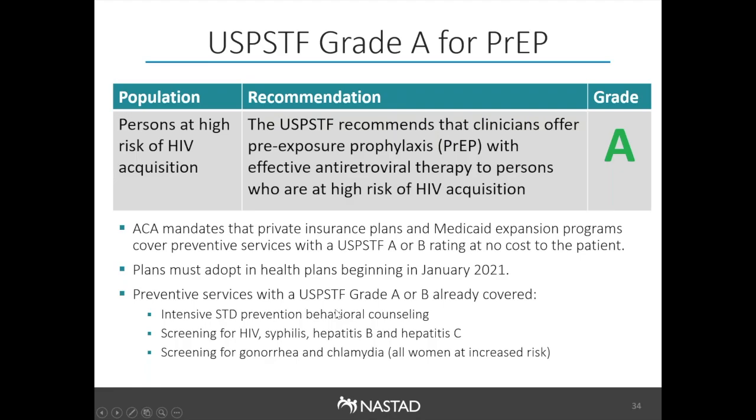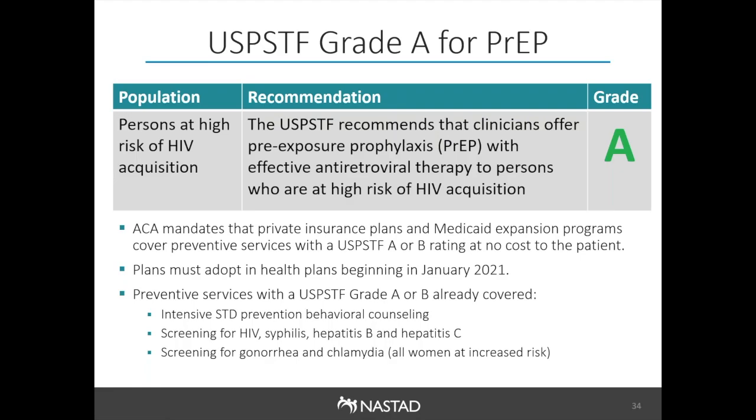So PrEP-related services in this category already include intensive STD prevention, behavioral counseling, screening for HIV, syphilis, hepatitis B and C, and screening for gonorrhea and chlamydia for all younger women and women at increased risk. So these services should already be covered as preventive and should not incur any cost to the patient.